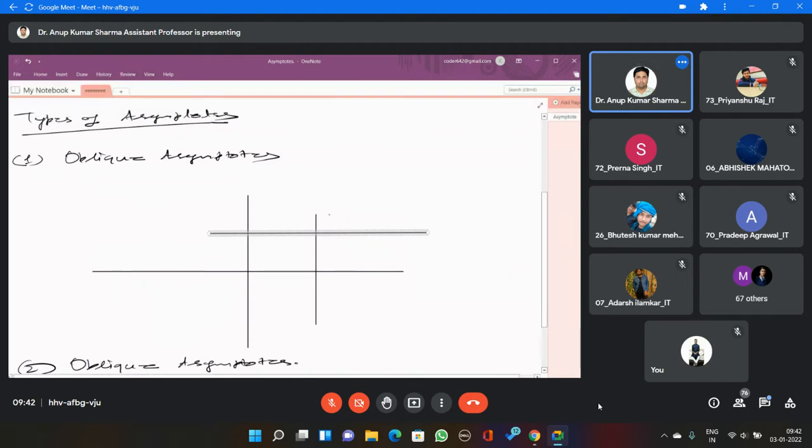If the curve is going in this manner, this is the asymptote, which is parallel to the x-axis or perpendicular to the y-axis, and this is also an asymptote. These are the cases for rectangular asymptotes.